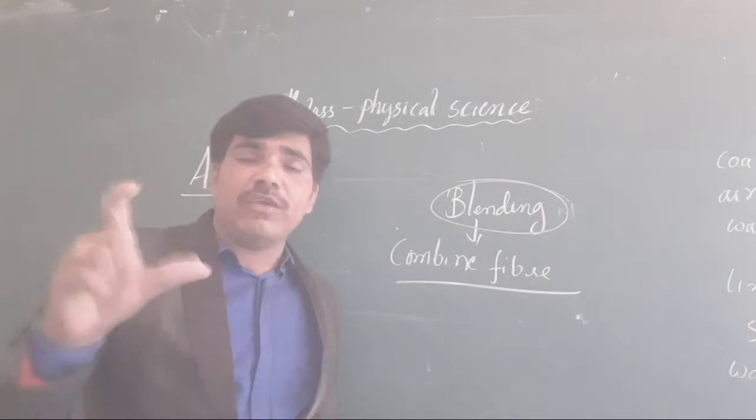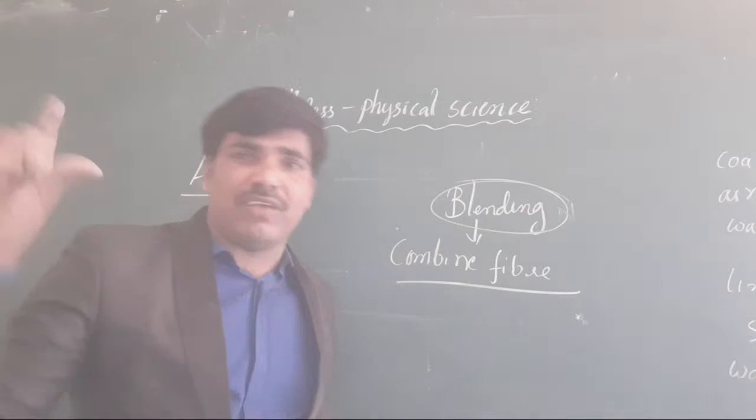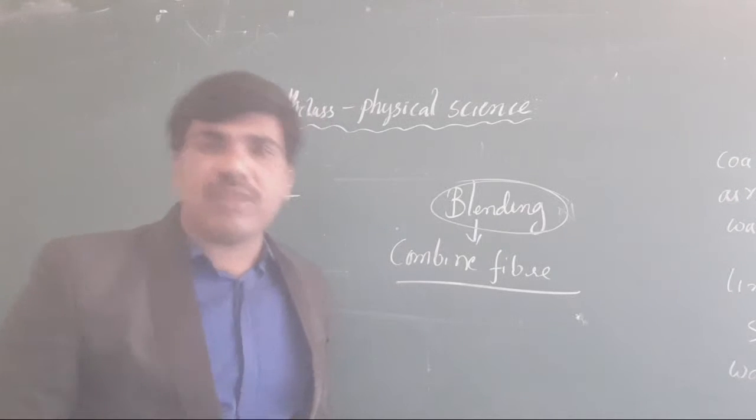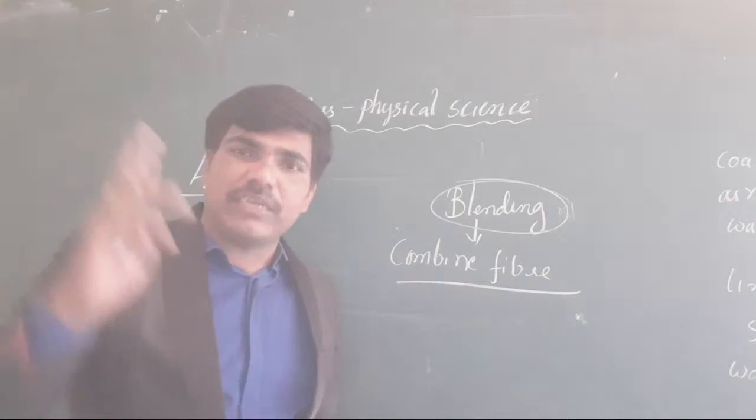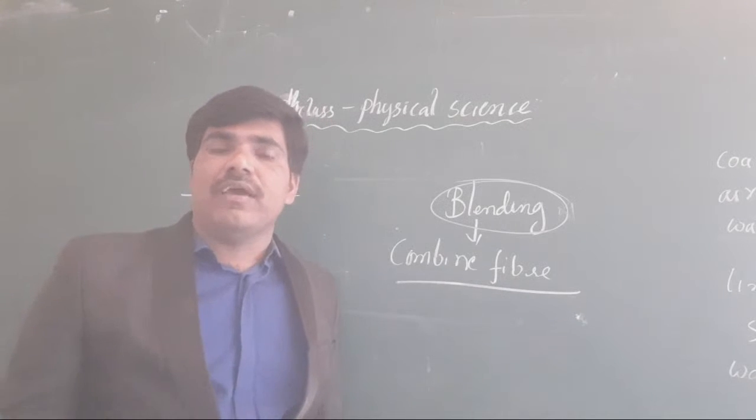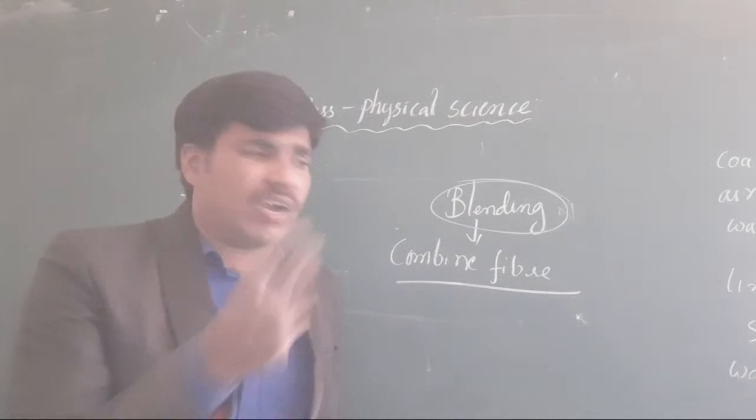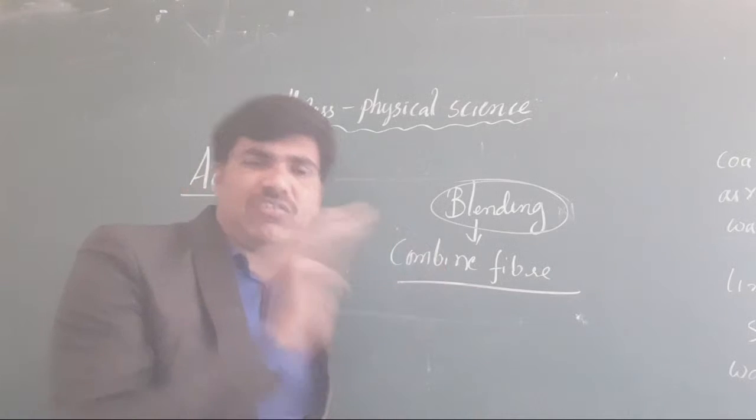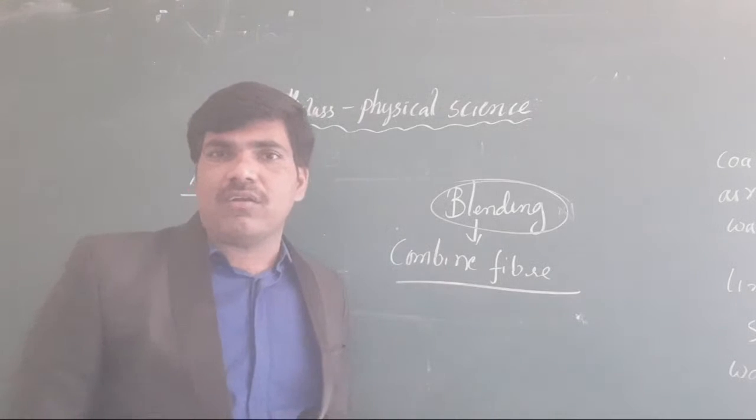It will be useful for us in all ways. The natural fiber uses and the synthetic fiber uses will both be available, and the combination overcomes some limitations. Okay, clear or not, all the students?